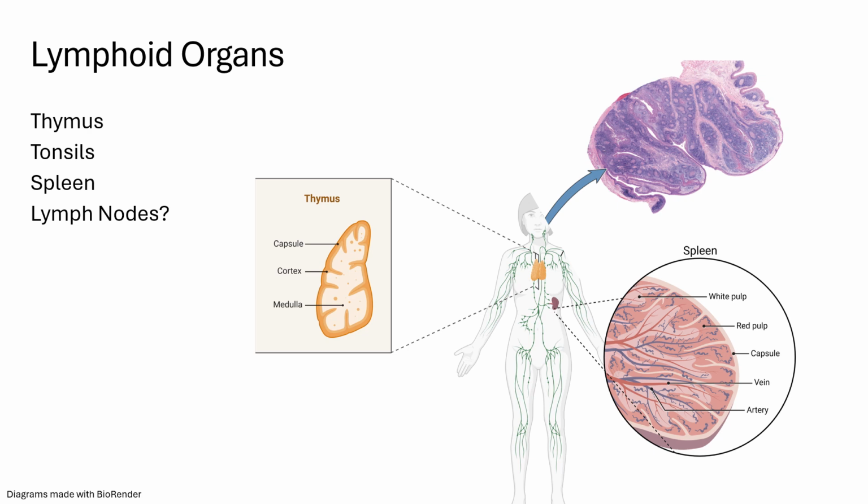Your tonsils are lymphoid organs, and they contain follicles and germinal centers with lymphocytes in them. Some people consider tonsils simply to be MALT, mucosa-associated lymphoid tissue, and they don't consider it a proper lymphoid organ. However, tonsils have follicles and germinal centers and a capsule.